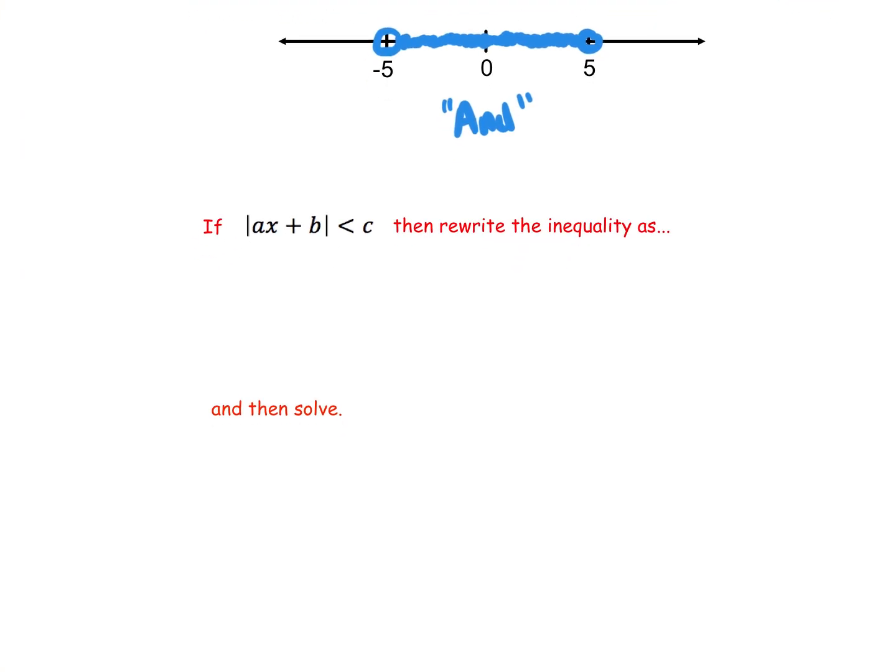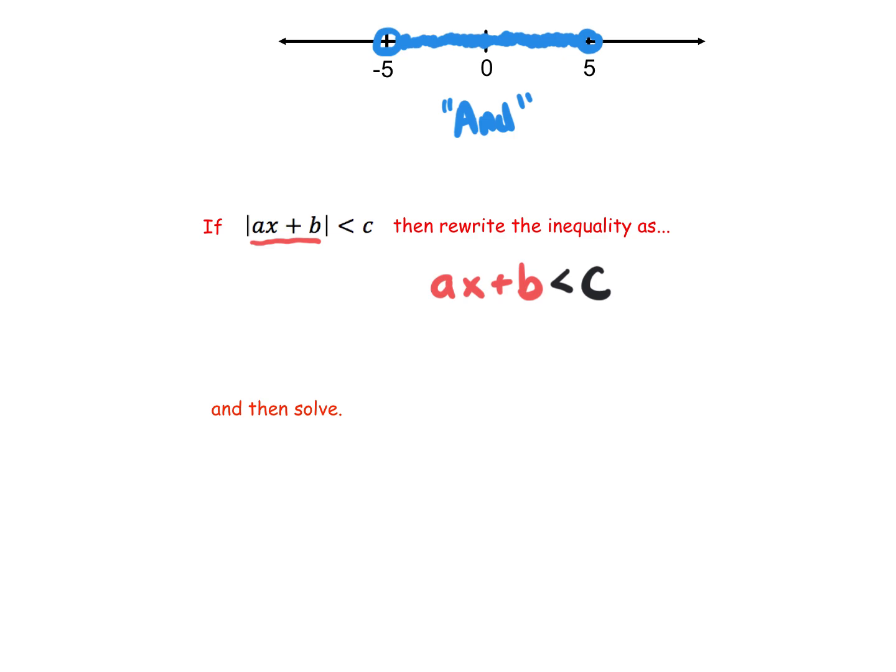So if you have an absolute value that is less than some number, then you need to take your absolute value inequality, take whatever is inside there, and simply say it is less than that constant we had.